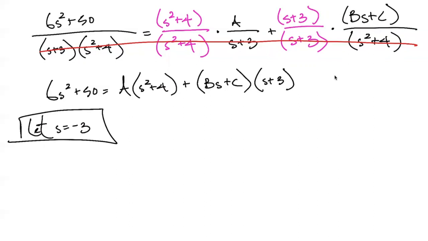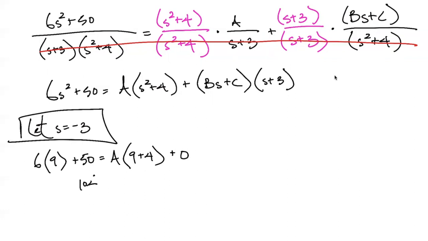And so we'll get 6 times 9 plus 50 equals a times 9 plus 4 plus 0, if you wish, okay? I believe the left-hand side, let's see, 6 times 9 is 54.